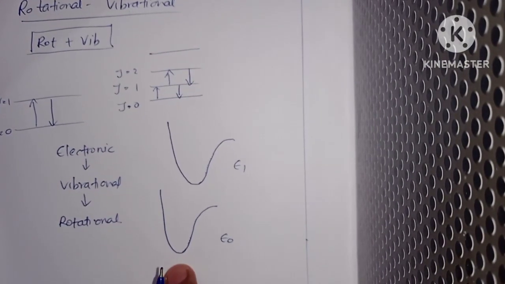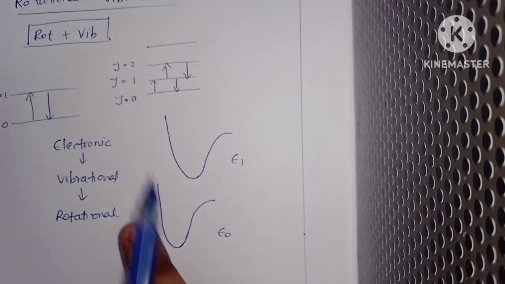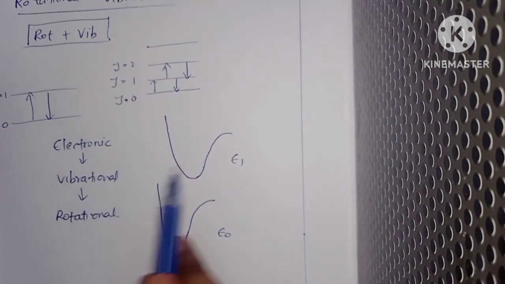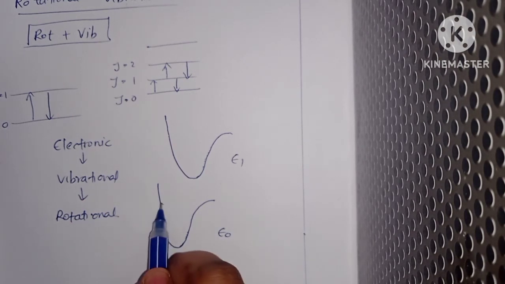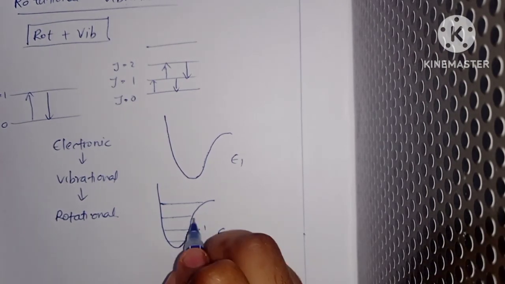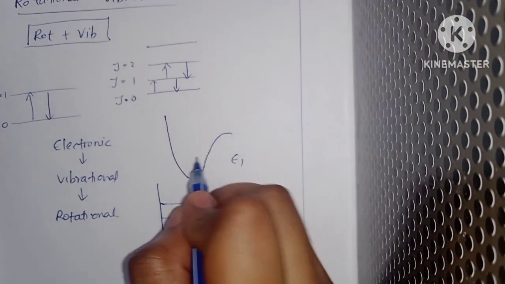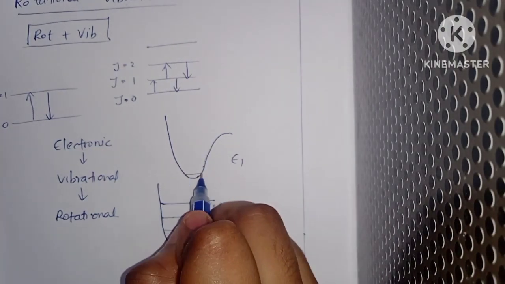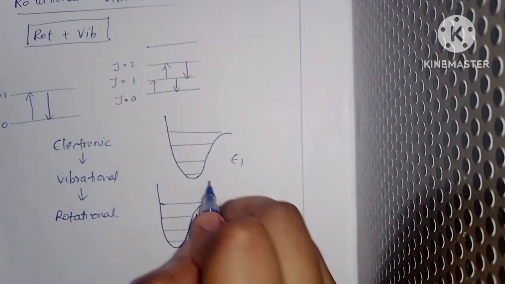This is the ground electronic energy level. This is the first excited electronic energy level. And the vibrational levels are distributed in each electronic level. That means if we take this one electronic energy level, many vibrational energy levels can be seen, that is V equal to 0, V equal to 1, V equal to 2, V equal to 3, etc. Like that, if we take this electronic level, we can also see many vibrational levels distributed within this electronic energy level.